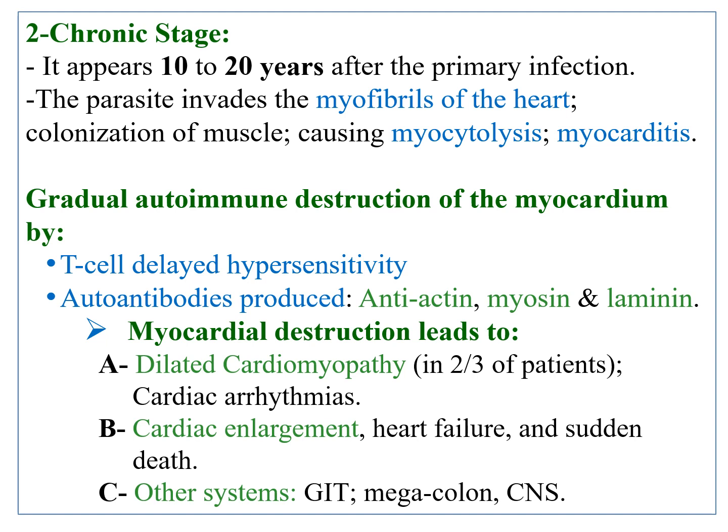And now the immune system is responding with a cell-mediated immune response. So we're going to have a T-cell delayed hypersensitivity reaction, which is also going to destroy the tissues that contain the amastigote. And then autoantibodies are also produced against actin, myosin, and laminin.